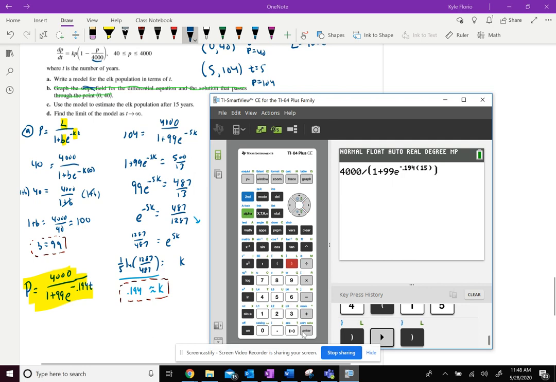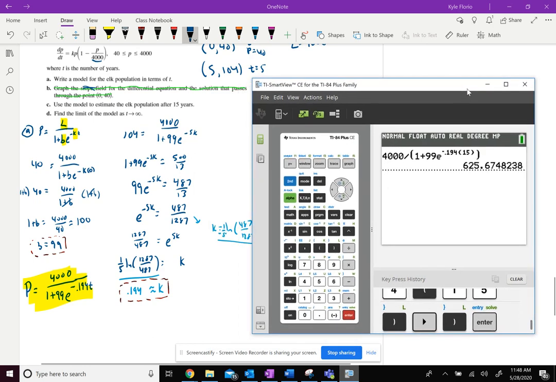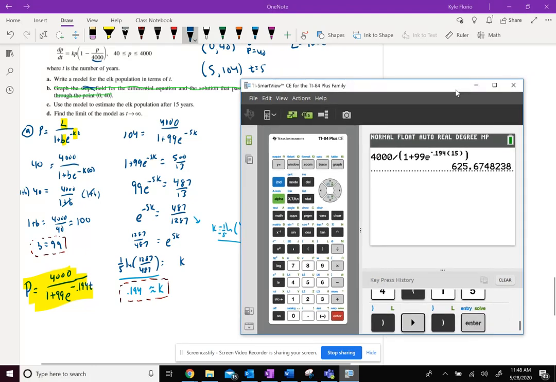Close that parenthesis. And it looks like in 15 years, the population will be about 626.